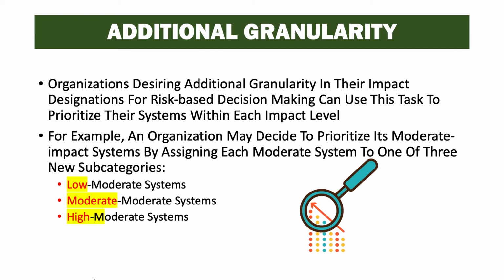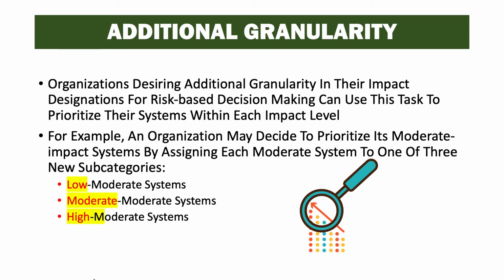So now we have not only high, moderate, and low, but within the moderate category, we can have low moderate systems, moderate systems, and high moderate systems. And this is important if we have a lot of moderate systems. This allows us to further categorize those moderate systems, so we can look at the high moderate systems first, then look at the moderate systems, and then the low moderate systems.